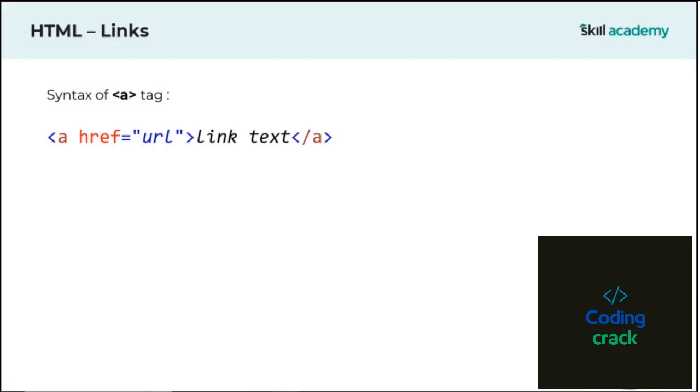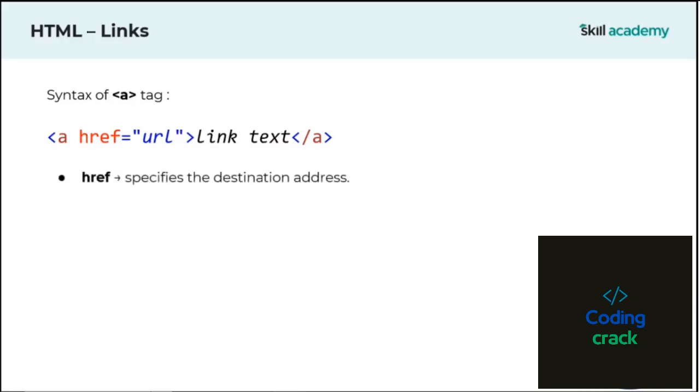Then we use the attribute named href, and within this attribute we need to specify the URL or the location where you want your user to be redirected. Then we use link text, and then we need to close this anchor tag. So this is the general syntax of defining links in HTML.